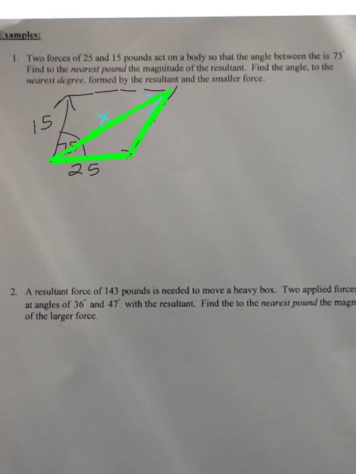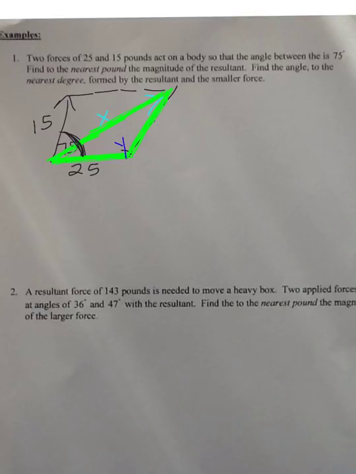So I have this triangle here. Now notice the 75 that was here, this angle, is only partly in the green triangle, so I can't actually use that angle. So I'm going to use another property of the parallelogram and find this angle here. Why?